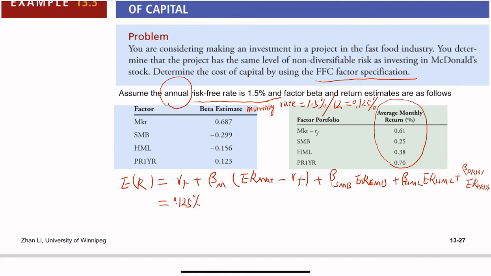Now you can see that the beta on the market factor is 687, times the market excess return, which is 61, plus the beta of SMB, which is minus 299 times 0.25, and then minus 156 times the return of the HML portfolio, and 123 times this.